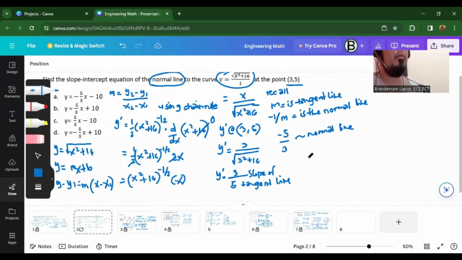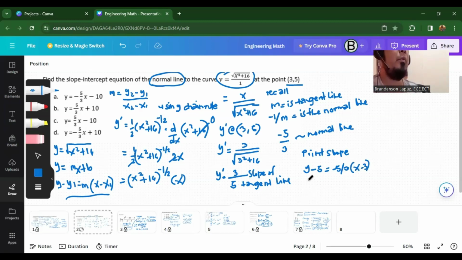Now, our point-slope equation would be, using this, this is our point slope. So the point-slope equation is y minus 5 is equal to, for the normal line, negative 5 over 3 times x minus 3.